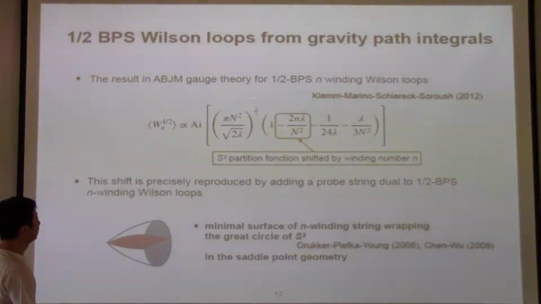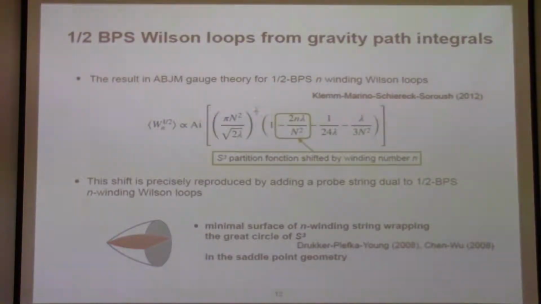It could have been a coincidence, but we can go a bit further. That's why we want to calculate something other than the partition function, and as an example, half BPS Wilson loops in ABJM theory. The half BPS Wilson loops, which correspond to winding strings, have this answer.